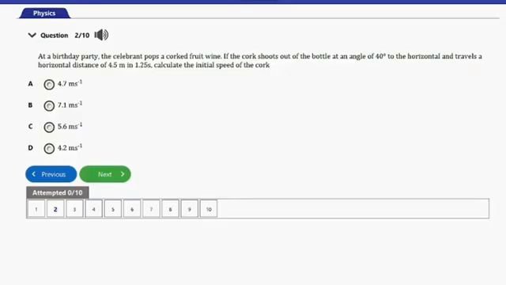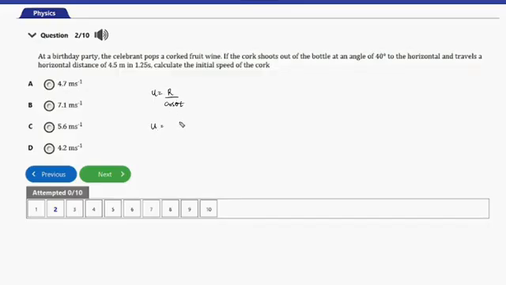So guys, using the range R is equal to u cos theta t, we are going to have that u is equal to the range R all over cos theta times the time t.